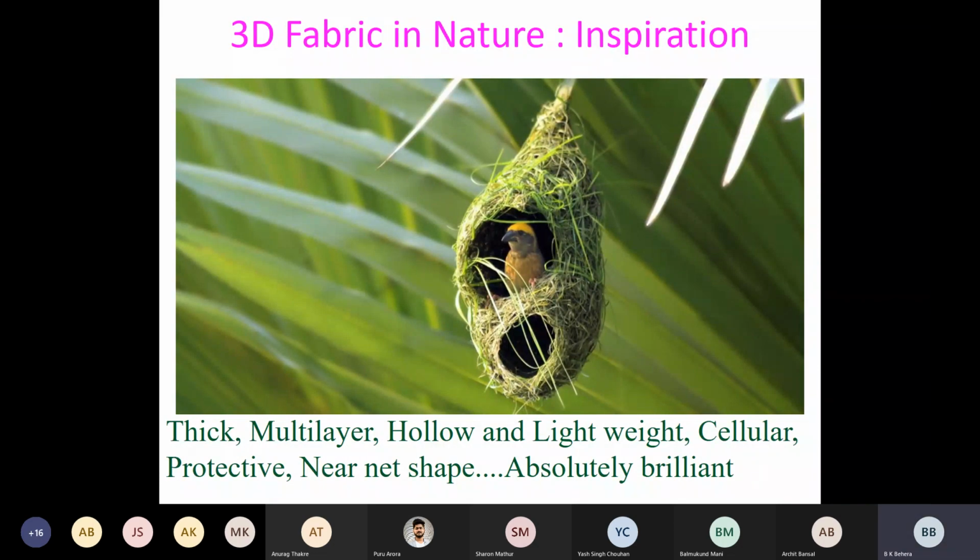And we want to make 3D fabric in exactly similar manner. We want to develop something which is exactly the same as the finished product we want, so that there is no post weaving expenditure. For example, you must have heard about seamless knitted garment. There are some knitting machines nowadays from where you can straight away get a sweater or any garment.